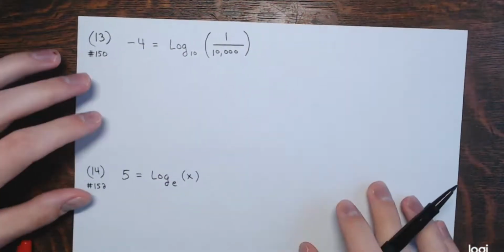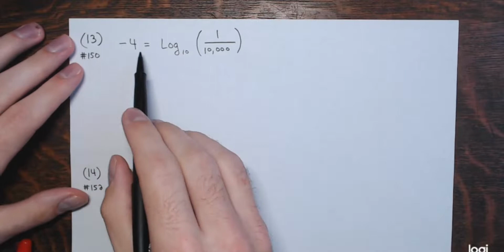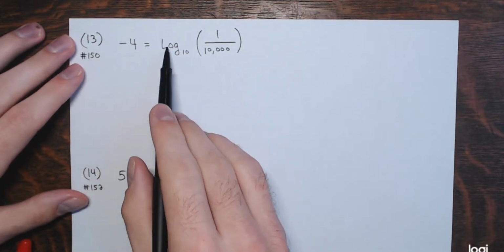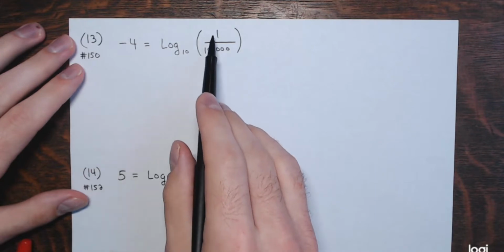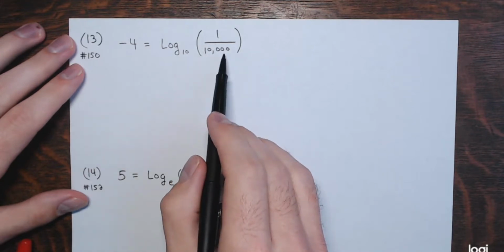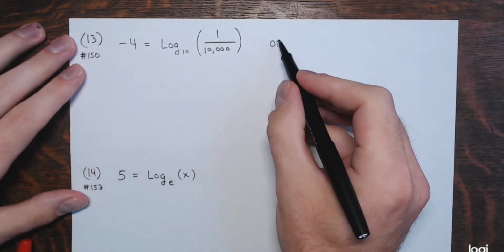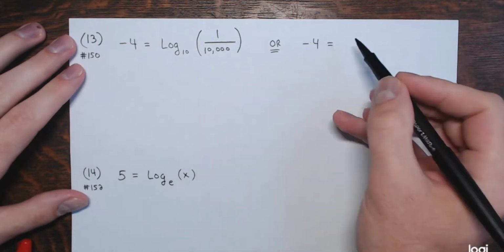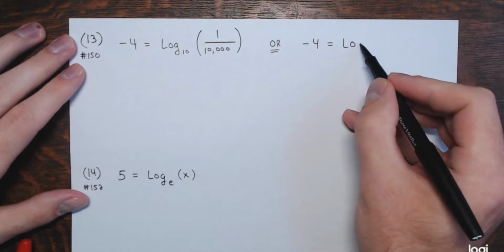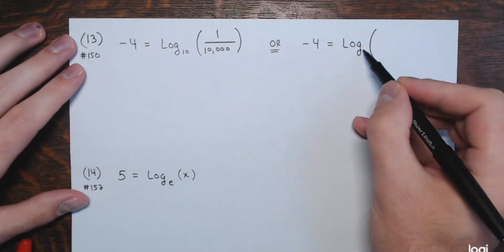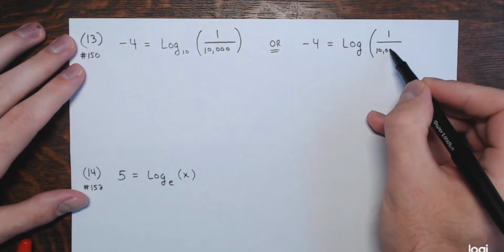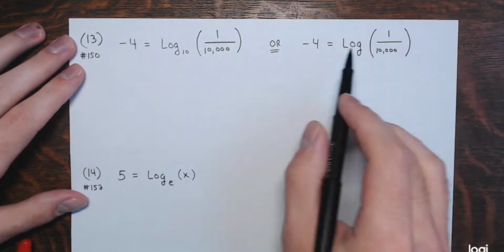All right, once again, here in number 13, I'm saying -4 equals the log base 10 of 1/10,000th. As I was saying earlier, they might also write it this way: negative 4 equals the log, just log, with no base, of 1/10,000th. These mean the same thing.